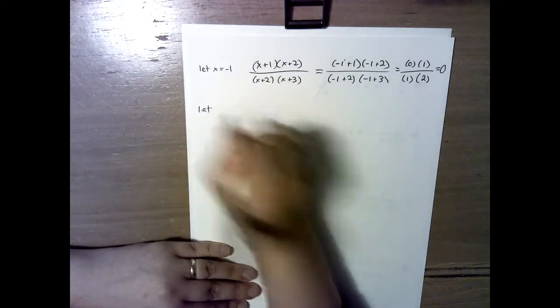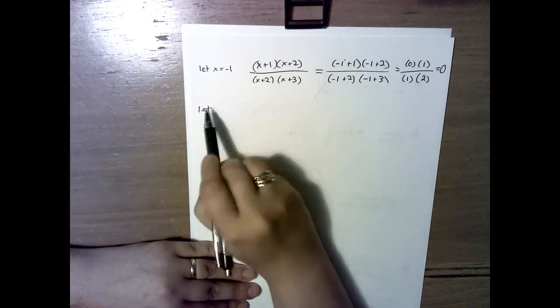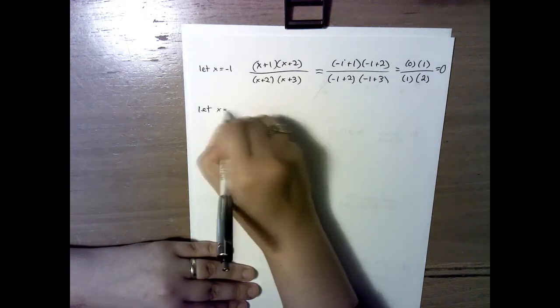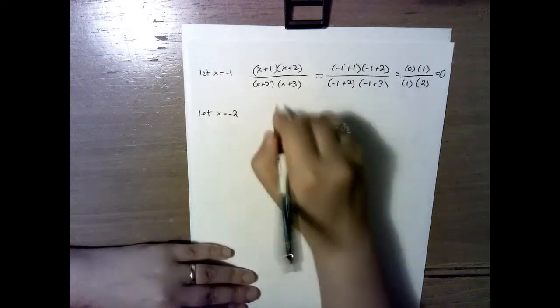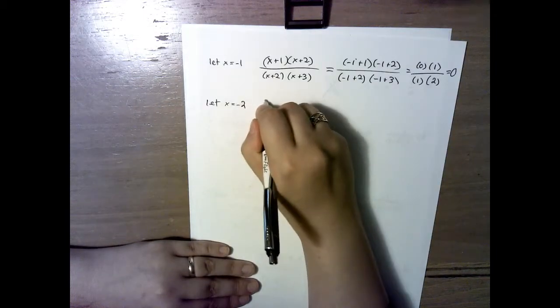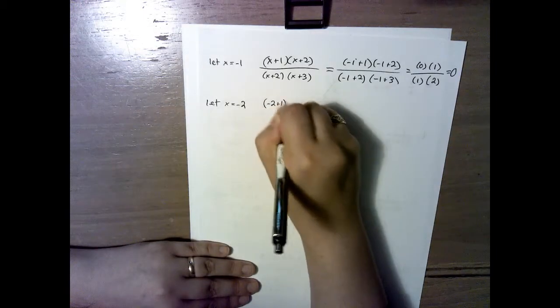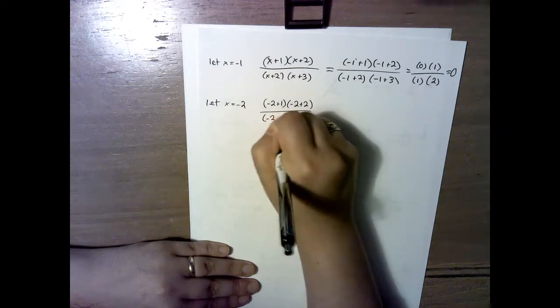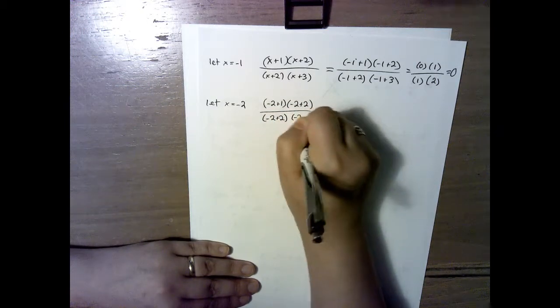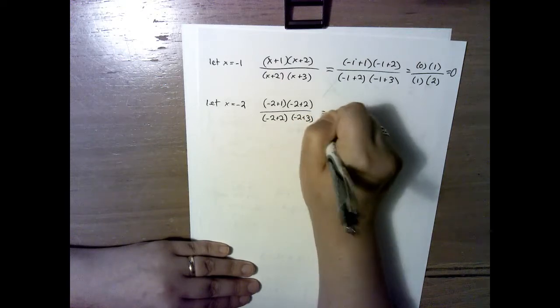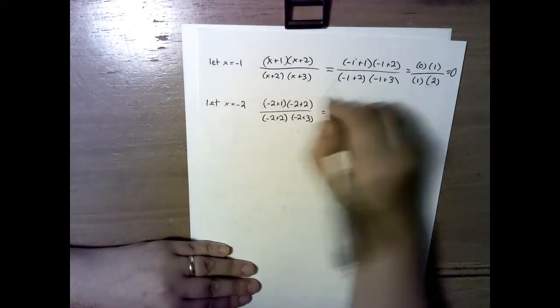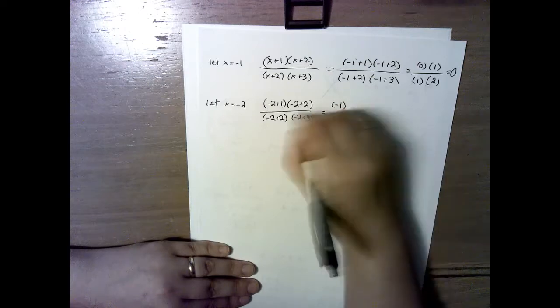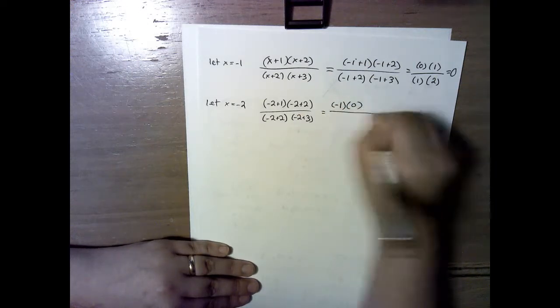But if x is equal to one of my restrictions, for example -2, then this is what happens. I get -2 plus 1, -2 plus 2, -2 plus 2, and -2 plus 3. So I have -2 plus 1, which is -1. I have 0 on the top, which is fine.